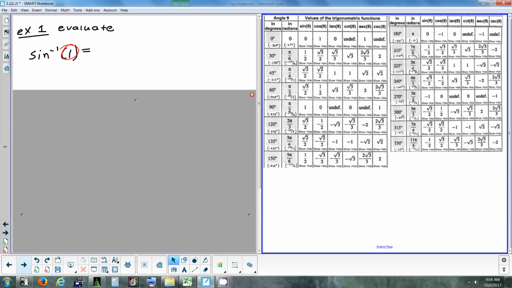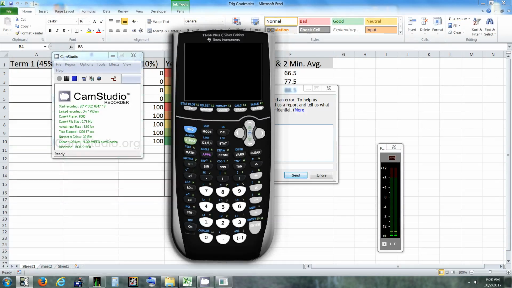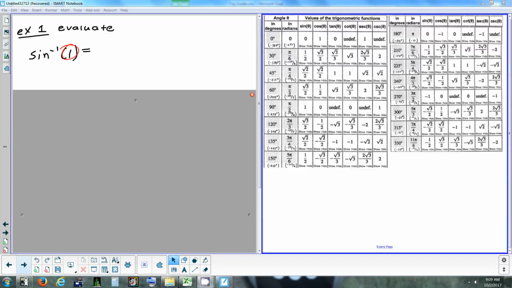And the first thing I have to remember is what I'm looking for an answer between: negative something, positive something. All right, so we're looking for an answer between negative 90 and positive 90.